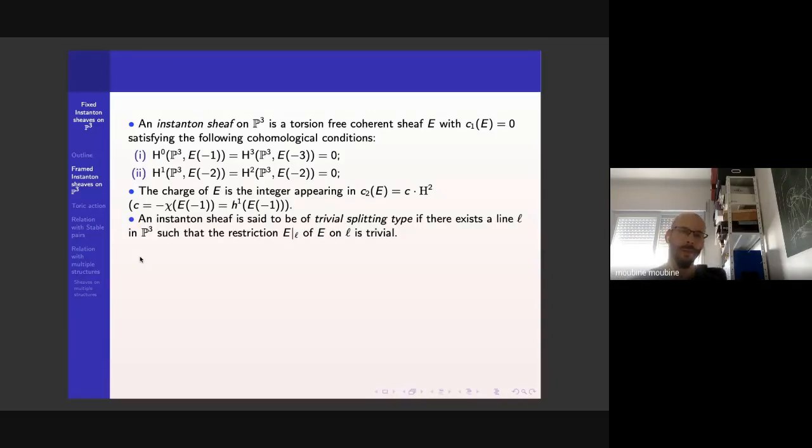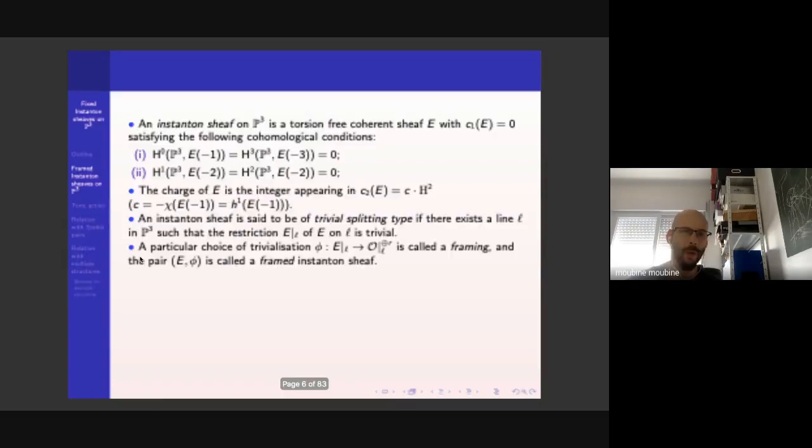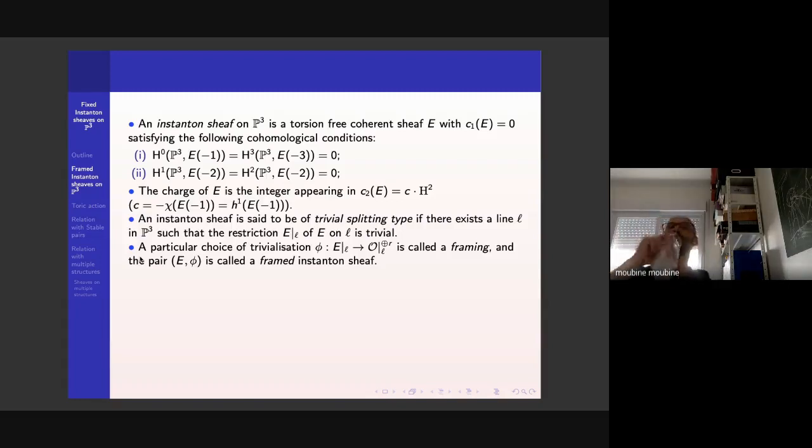This is for rank 2 or also higher rank. In rank 2, some of these conditions will reduce to a simpler form. And I will say that a particular choice of this trivialization will be called the framing. So the pair (E, phi) is called a framed instanton sheaf.